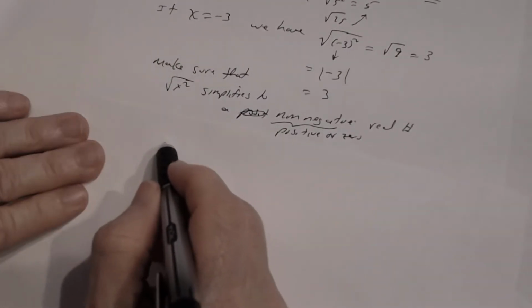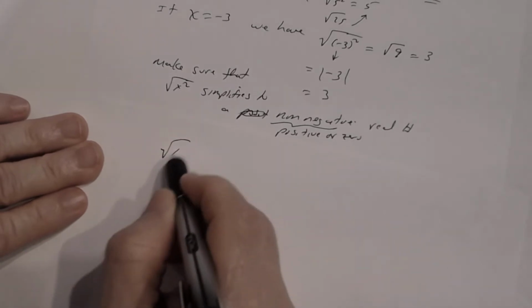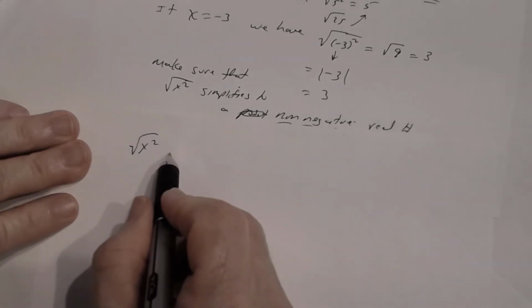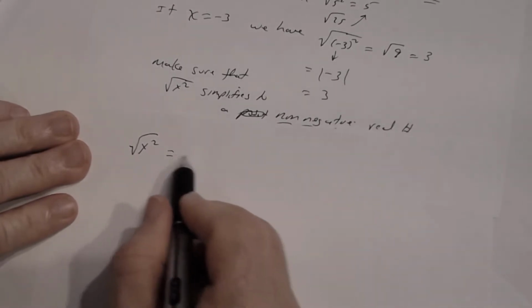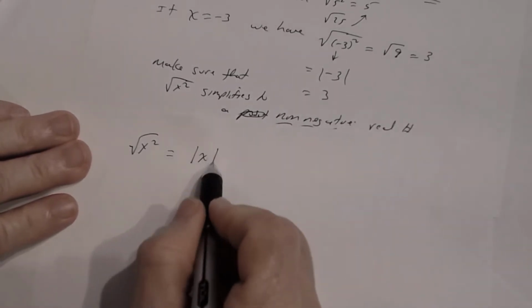So we have the square root of x squared, and I have to make sure that it simplifies to a positive or 0, in other words, a non-negative real number. So I have to say the absolute value of x, because if x is negative, then remember the answer is positive.